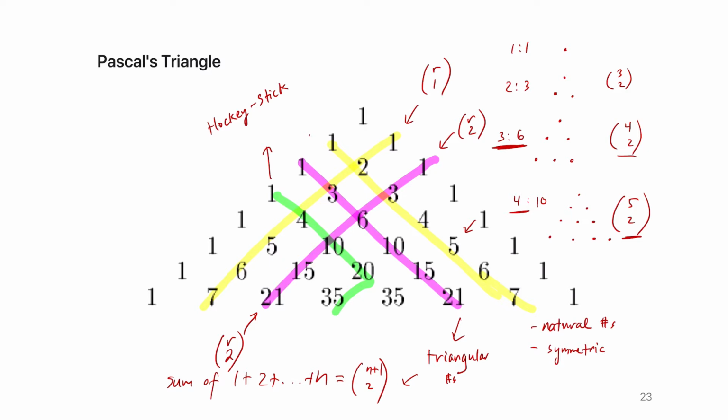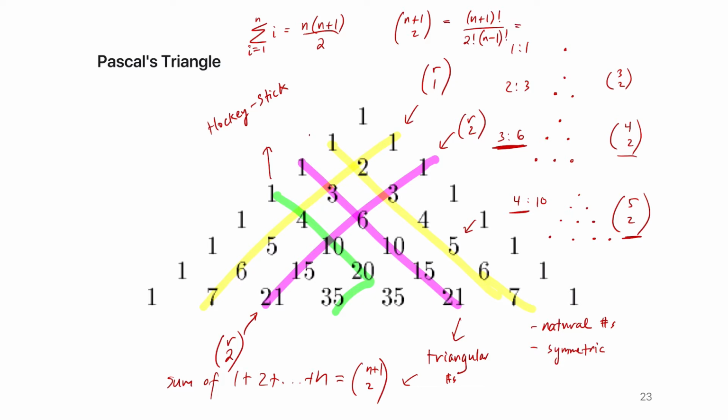And you can actually work out and show that this is correct, because remember, if you think back to maybe a month ago, we showed that this formula is equal to n times n plus 1 over 2. But if we evaluate n plus 1 choose 2, well, that's n plus 1 factorial over 2 factorial times n minus 1 factorial.